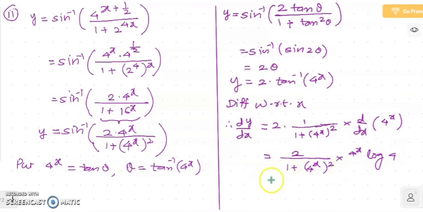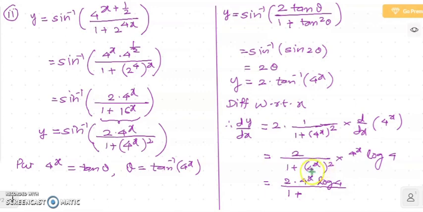So I can finish this as 2 into 4 raised to x into log 4, that's the numerator completed, divided by, in the denominator, 1 plus 4 raised to x square, which means 4 raised to 2x also, or 4 raised to 2 raised to x, all are fine.